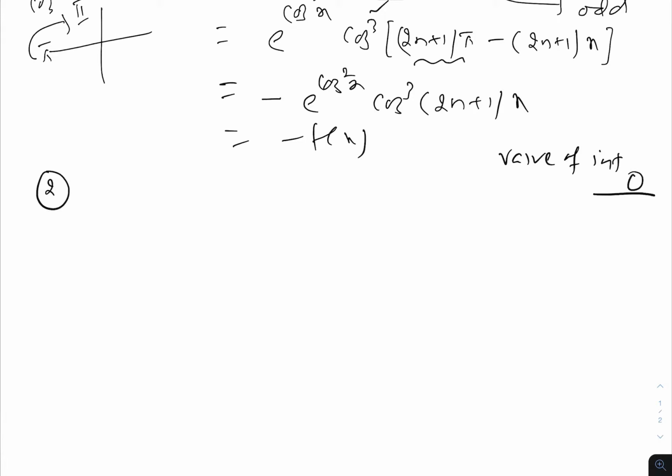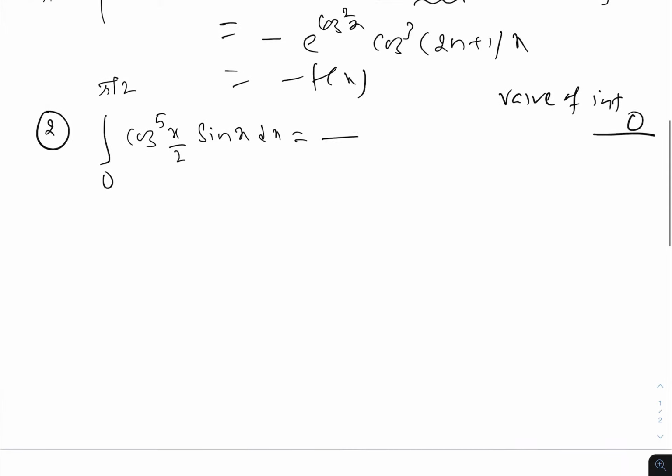Take one more example. Integration from 0 to pi by 2 of cosine power 5 (x by 2) into sin x dx equals blank.